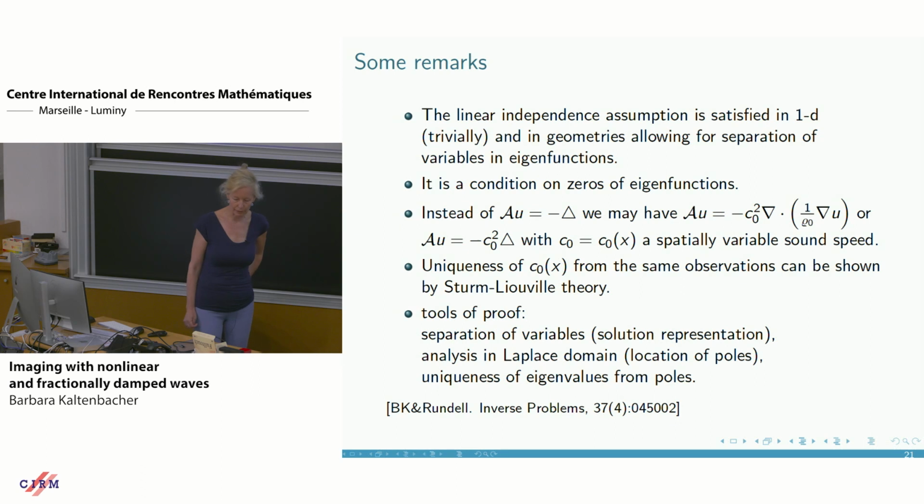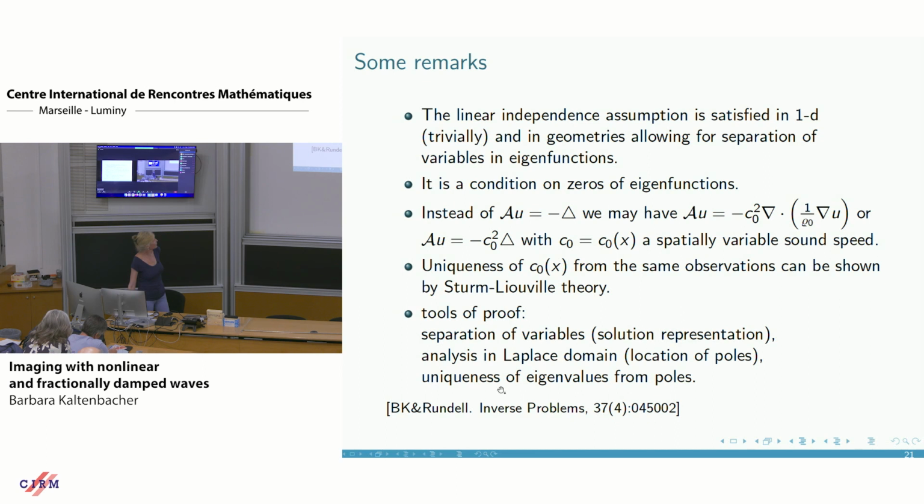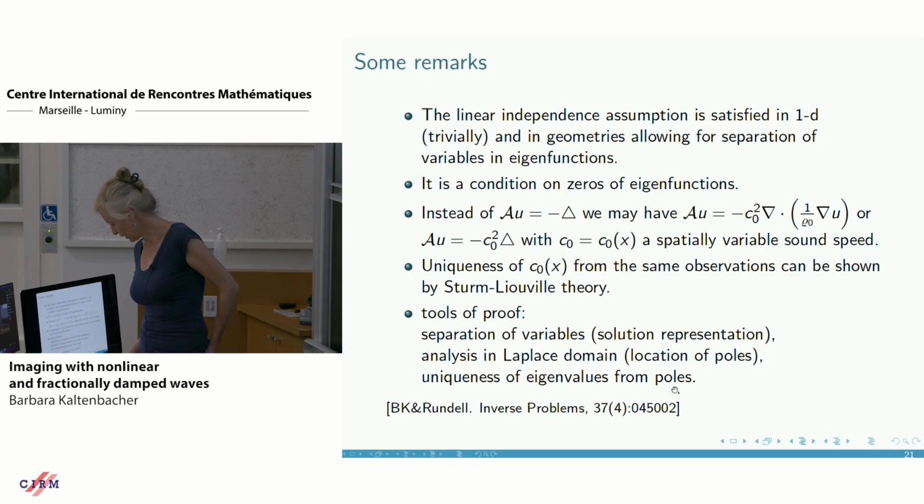The important information sits in the poles, so in the singularities that appear in the Laplace transformed functions. And then an important finding is that we can uniquely recover the eigenvalues from these poles, and we can also directly recover the Fourier coefficients of that initial condition U0.